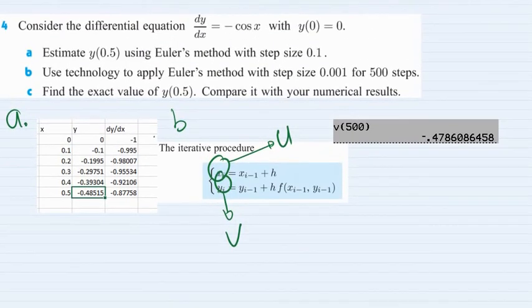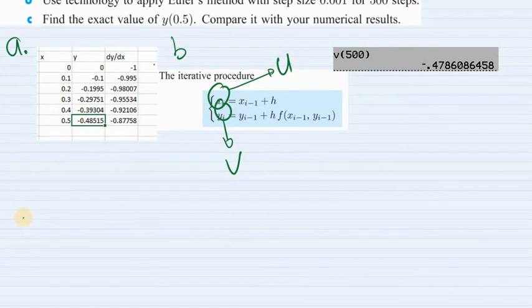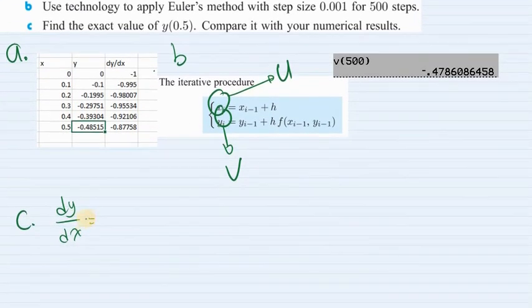So for the exact value we have c. dy over dx equals negative cos x. So we have dy equals negative cos x dx. We do the integral of both of them.